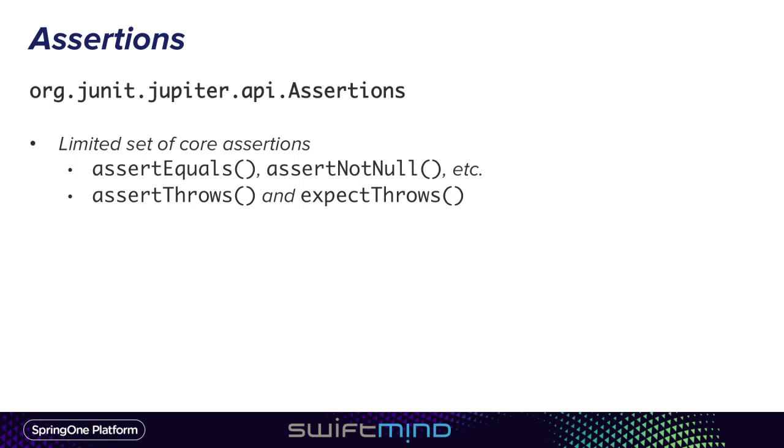So we have stuff like assertThrows and expectThrows, so that you can assert that an exception is thrown by a given block of code that you provide via a Lambda expression. So this is what you do instead of having the expected exception rule or the expected exception at the test level, stuff like that. Also, recently, just added this in a week ago, support for asserting timeouts on blocks of code, also provided via a Lambda expression.